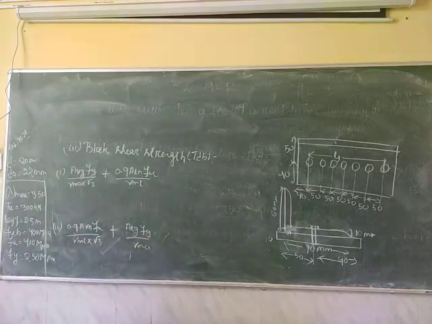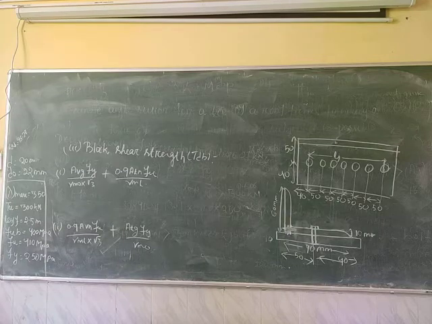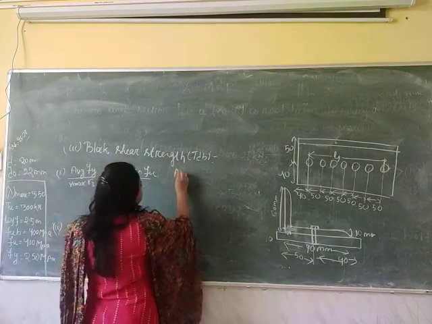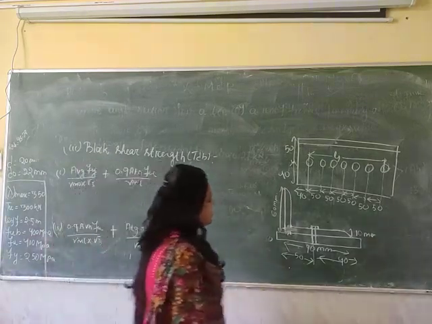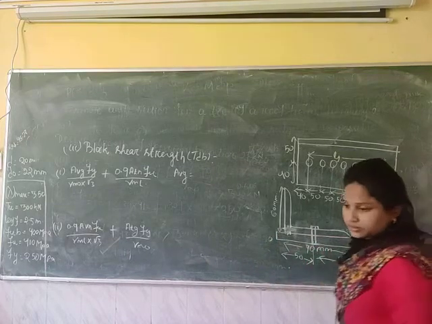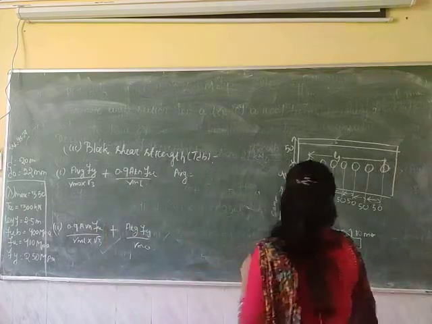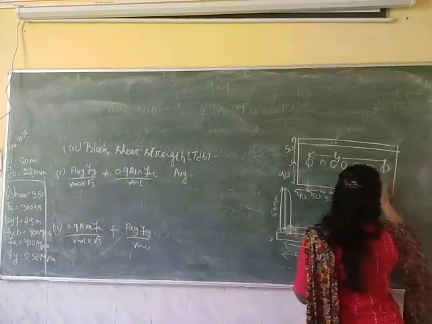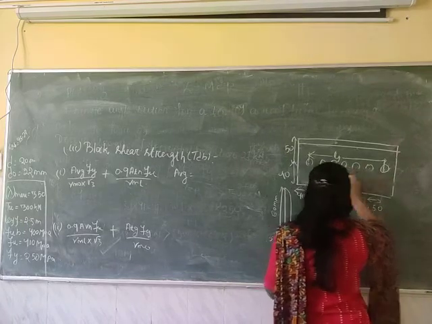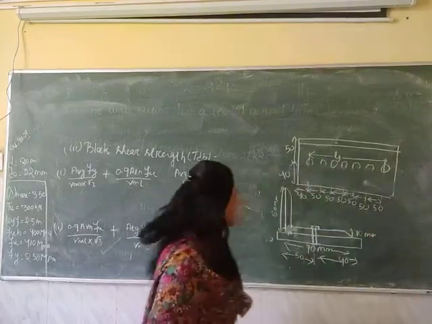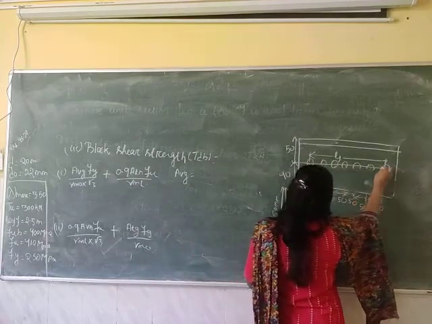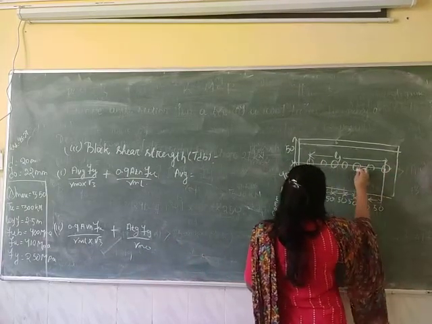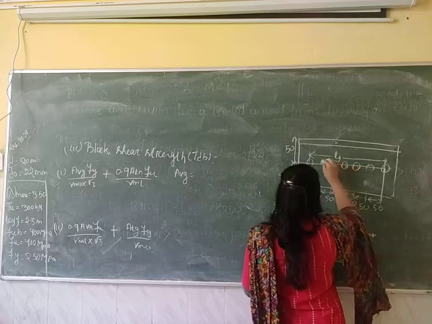Okay. So, now calculate Avg, Atn, Avn, Atg. Avg is the gross area of the shear plane. Here in this case the block shear failure will occur along this line.